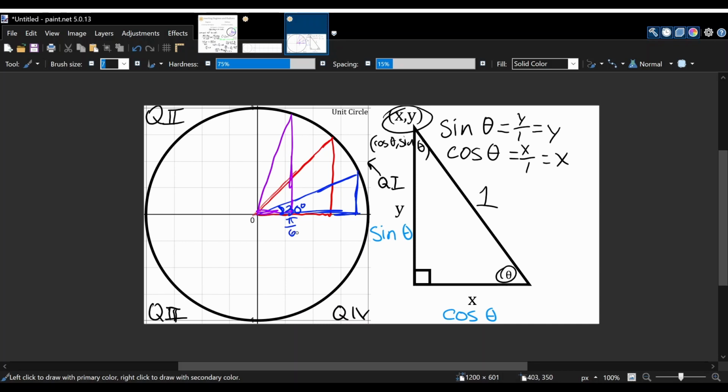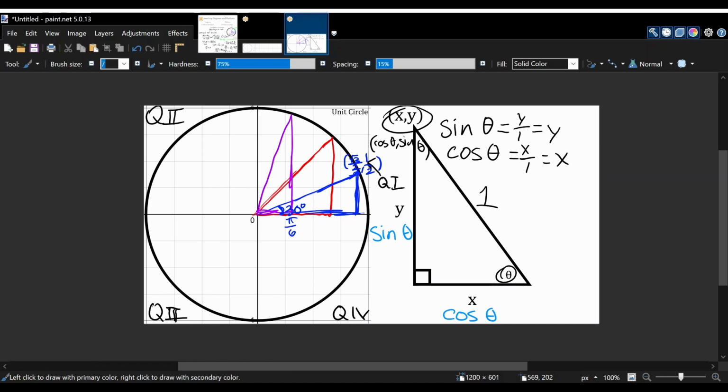And what's special about the unit circle is this point is going to be equal to the square root of 3 over 2, comma 1 over 2. And that means that x here is square root 3 over 2, and the y is equal to 1 over 2.